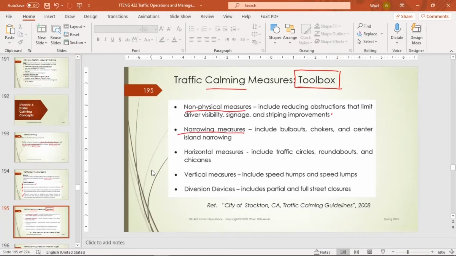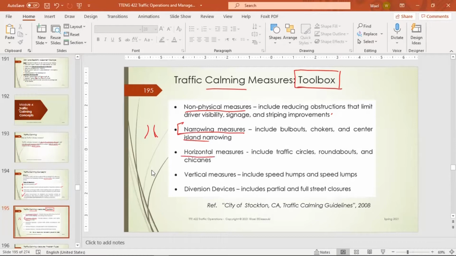Narrowing measures basically include bulb outs, chokers, and center island narrowing. So this technique works on narrowing the street, creating sort of a small bottleneck. It's not really a bottleneck, but it's just narrowing the streets.